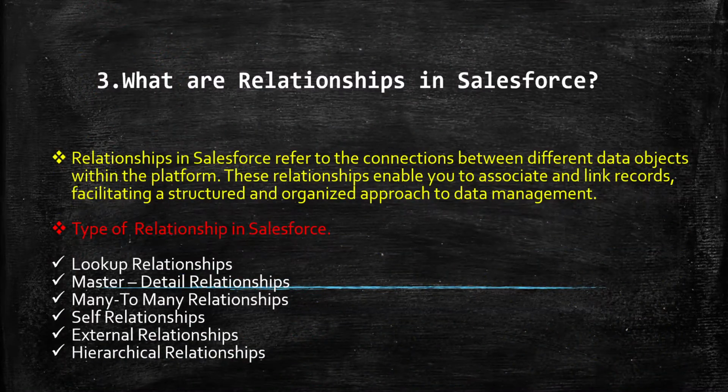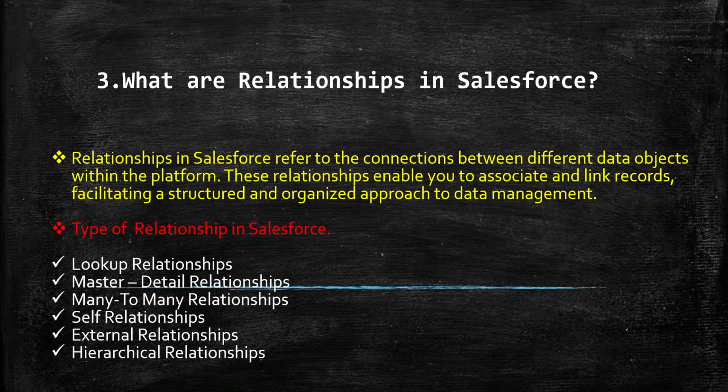Third question is, what are relationships in Salesforce? Relationship in Salesforce refers to the connection between different data objects within the platform. These relationships enable you to associate and link records, facilitating a structured and organized approach to data management. Basically, you can connect two different objects with each other and access them.